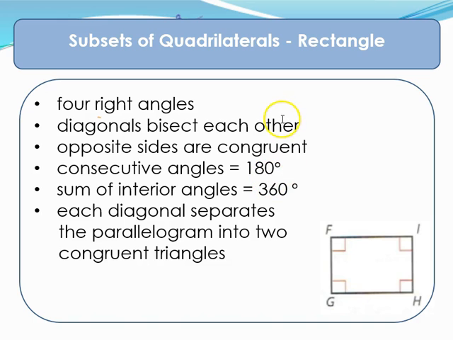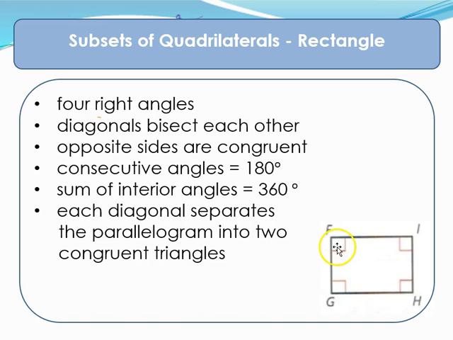Let's get a little more specific, and let's talk about rectangles. So a rectangle is a parallelogram, but it's a special one. It has four right angles. Its diagonals bisect each other. Its opposite sides are congruent.